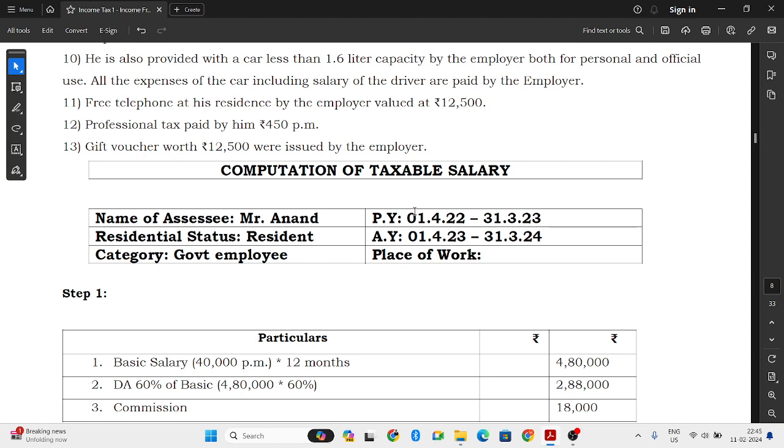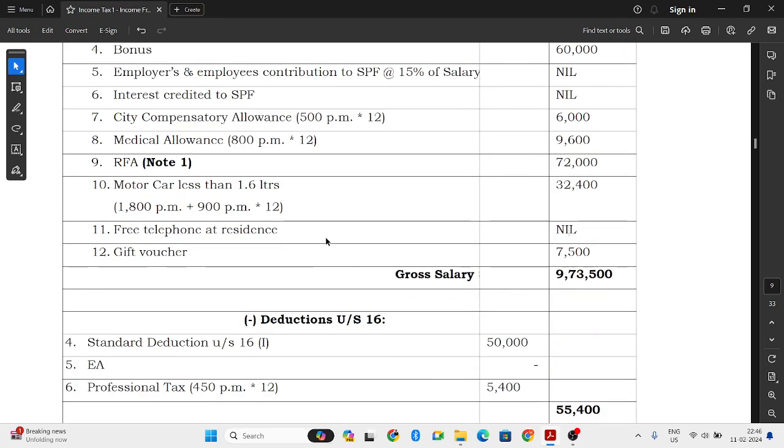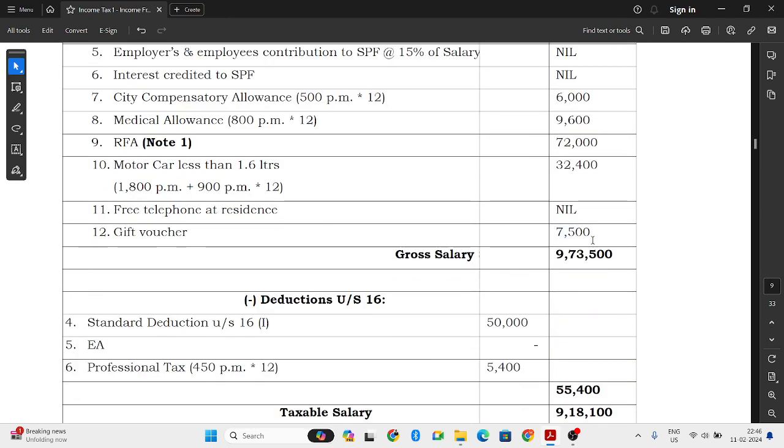If it is in cash, then it will be completely taxable. But here they are giving a gift voucher. When there is a voucher, up to 5,000 is exempted. Up to 5,000 you can give, which is non-monetary. Over and above 5,000 will be taxable. So 12,500 minus 5,000 gives you 7,500. Totally received 12,500, of which 5,000 is exempted, so the remaining 7,500 will be taxed.